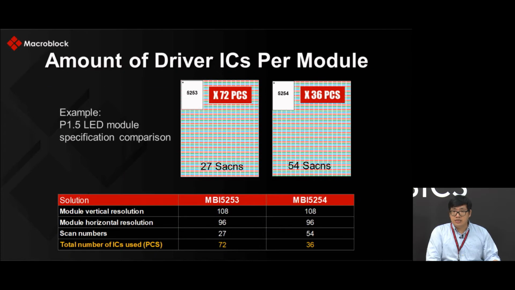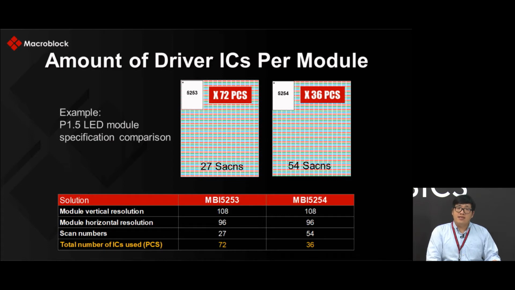Here is an example to compare MBI 5253 with 5254 used in pixel pitch 1.5 mm LED modules. This slide shows with the same resolution 108 by 96, the 27 scan design with 72 pieces, MBI 5253, will be upgraded to 54 scan design with just 36 pieces, MBI 5254.